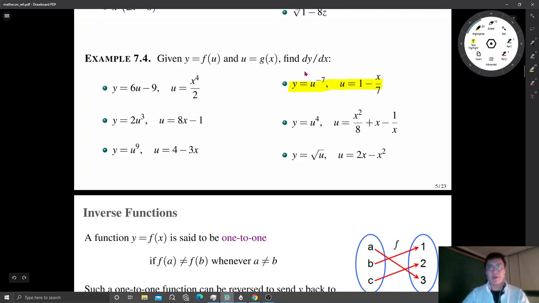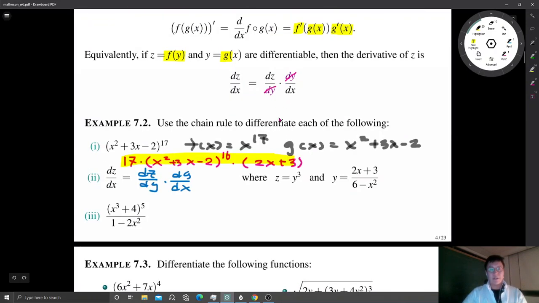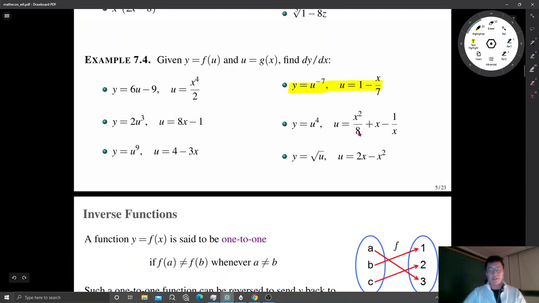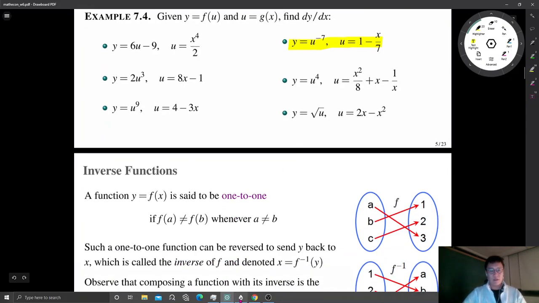Okay? So we want to see how fast y increases or decreases as x changes. So now we use the second expression of the chain rule to compute dy over dx. In the second example, y is given by u to the power negative 7, and u is in turn given by 1 minus x over 7.